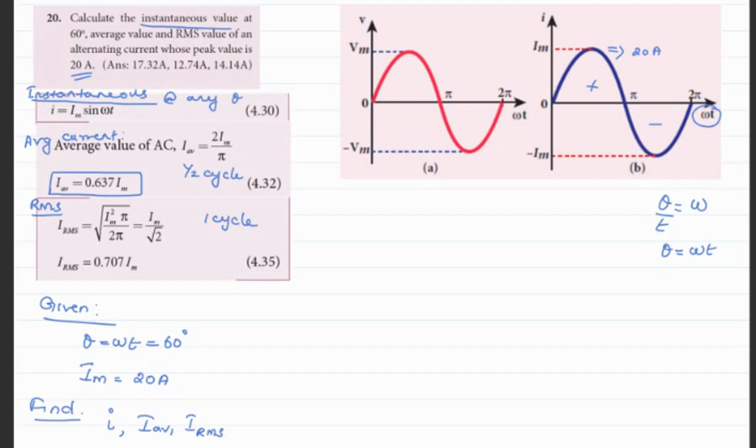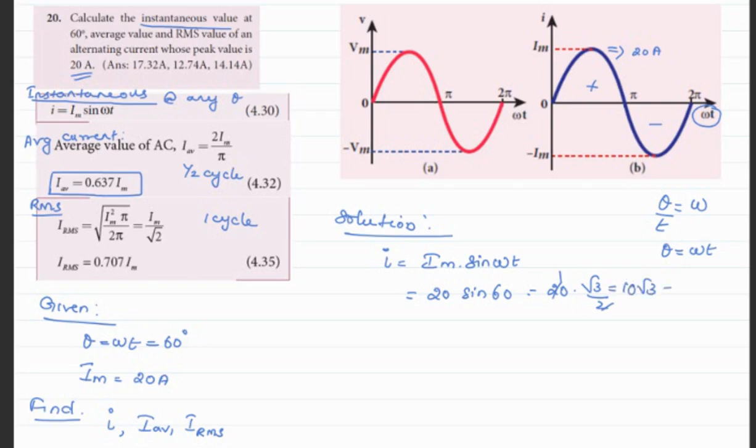So solution. I is equal to Im into sin omega t. Substituting, Im is 20 sin of 60, which is 20 into root 3 by 2. 10 root 3, which is 1.7 into 10, 17.32 amp.